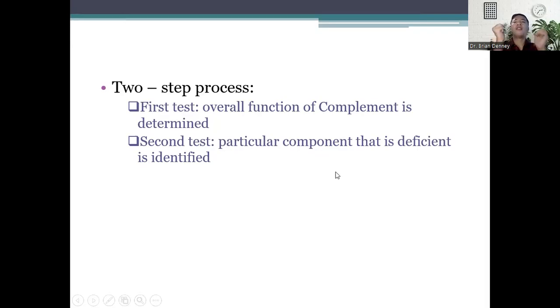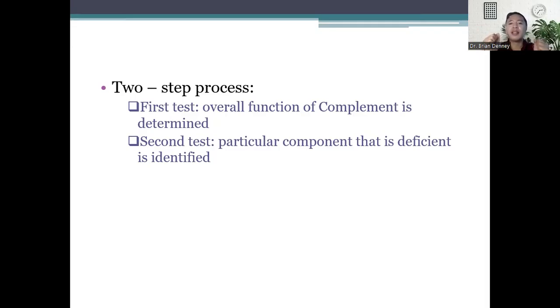In other words, first we determine which complement pathway is deficient. So we test if it is the alternative or the classical pathway. Unfortunately, we do not have tests for the lectin pathway available in the lab.